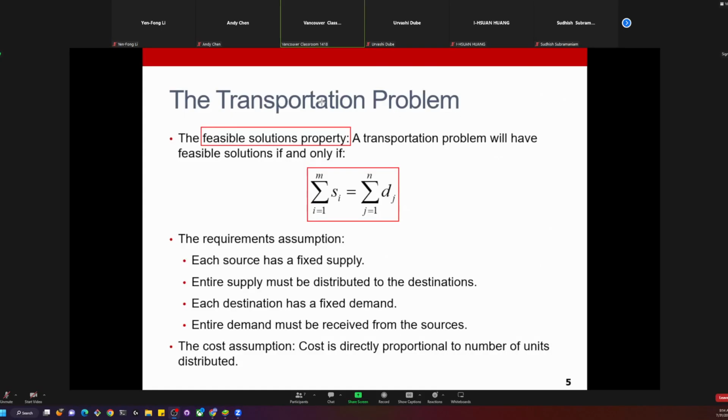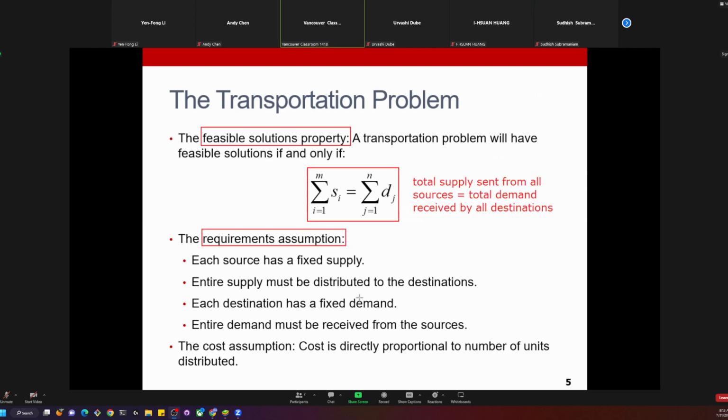When you have a transportation problem, you should make sure you set up the problem such that the total supply created or shipped from all the sources equals the total demand received. Right. So that's one of the feasible solutions properties for the transportation problem.